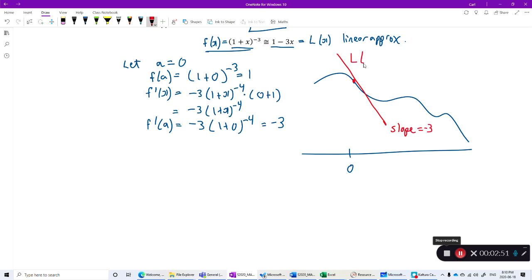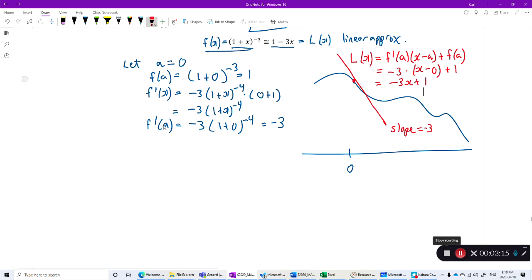And I know that the function here, L of x, is f prime of a times (x minus a), plus f of a. And now I know all these things, so that's -3 times (x minus 0). What is f of a? Plus 1. -3x plus 1.